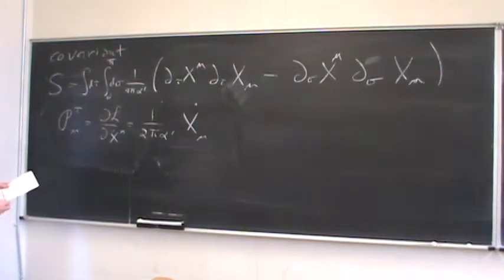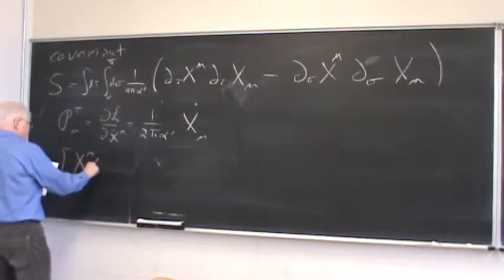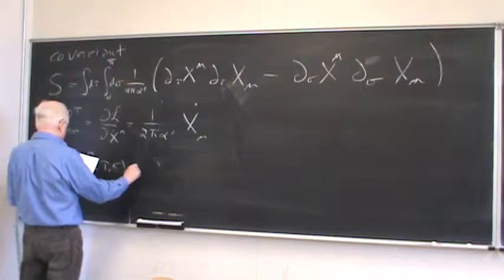So everything looks a lot simpler, and you can wonder why one ever did the light cone gauge. Well, the commutation relations turn out to be this, at equal times.